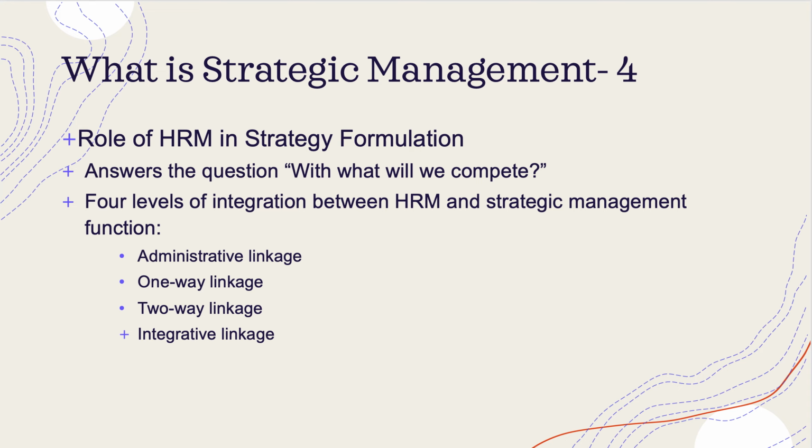And companies with integrative linkage have their HRM functions built right into the strategy formulation and implementation processes. With two-way linkage, it allows for consideration of HR issues during the strategy formulation process, and they are interdependent. They can stand alone, and they can also depend on each other, lean on each other. So those are the 4 levels of integration.